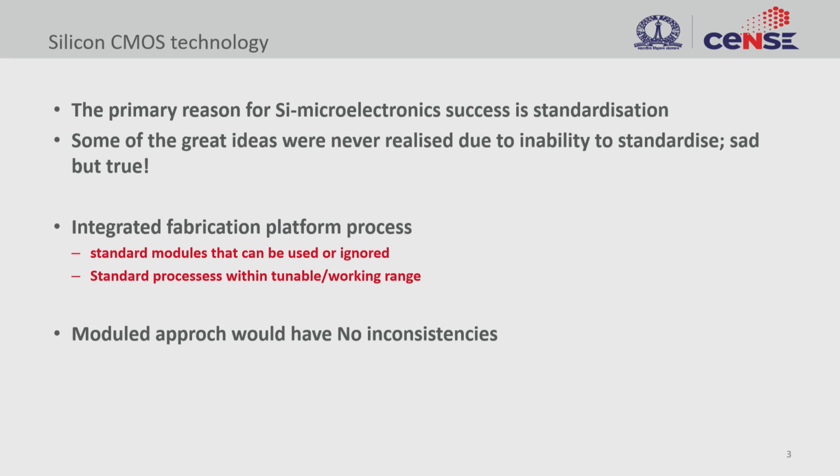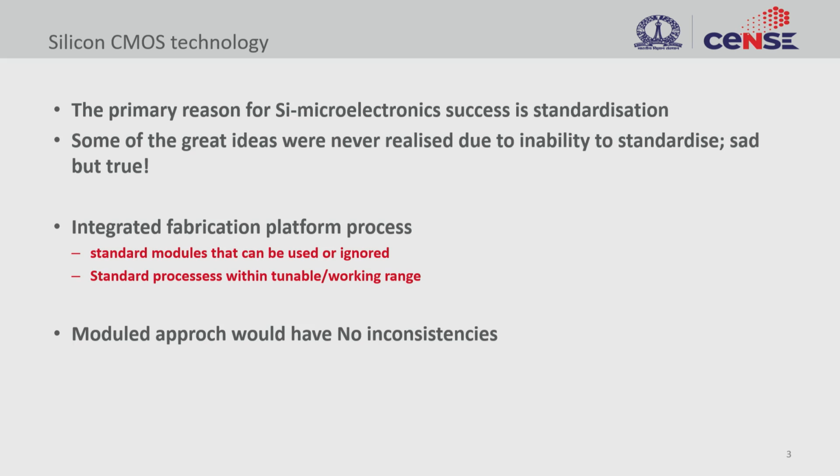So the primary reason for using silicon microelectronic process is its success in standardization. All the microelectronic processes that we see are standardized. What I mean by standardization is they're all modularized. That means you have to put together various Lego blocks or various process modules in order to realize the functionalities that you desire.